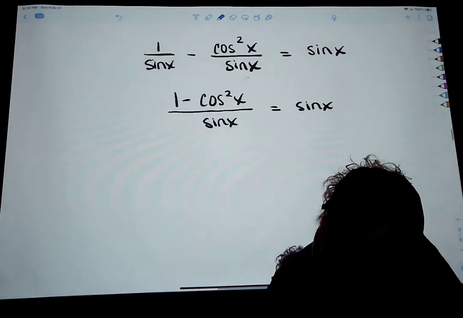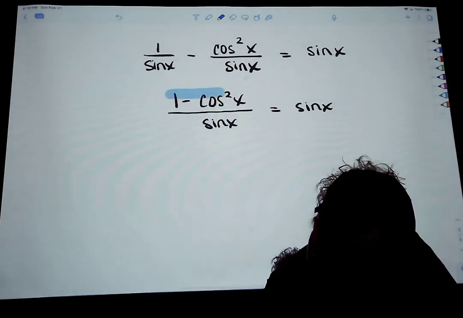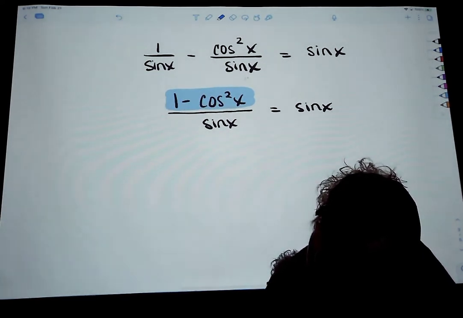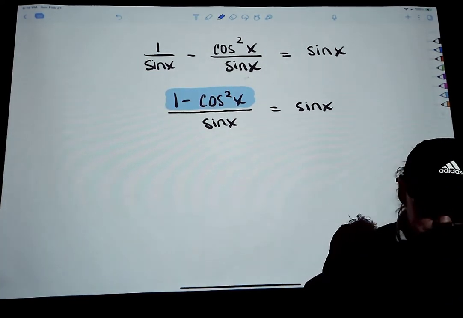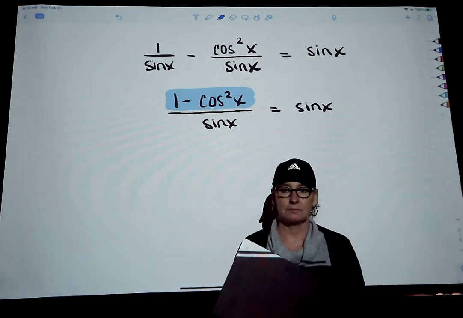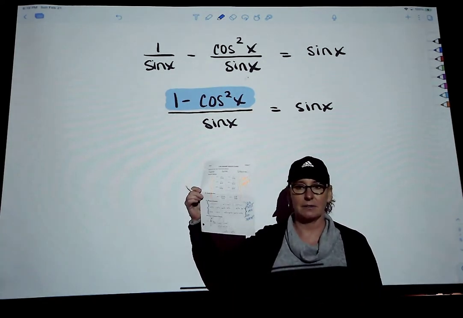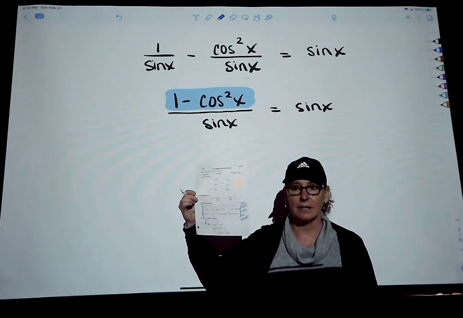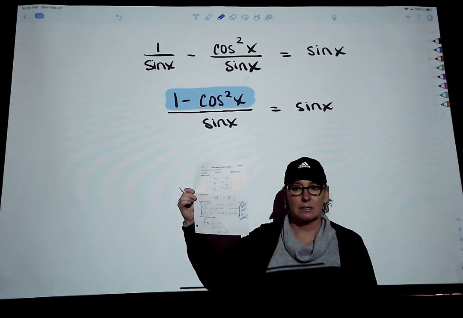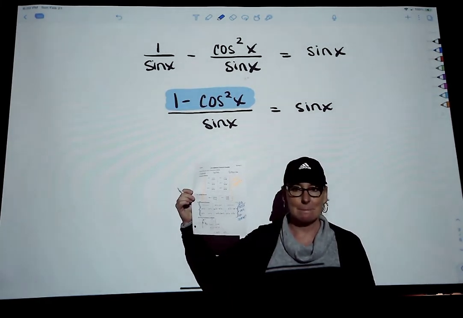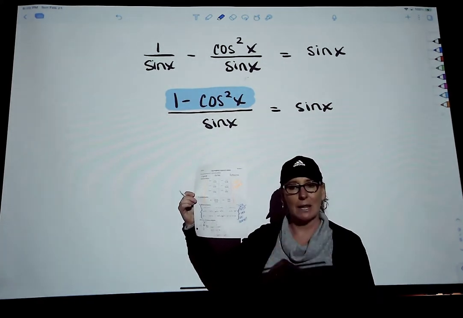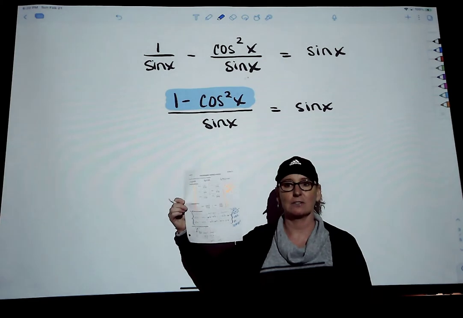Well, I'll give you a hint. This is a thing. Find it: 1 minus cosine squared. What can you put in place of 1 minus cosine squared?